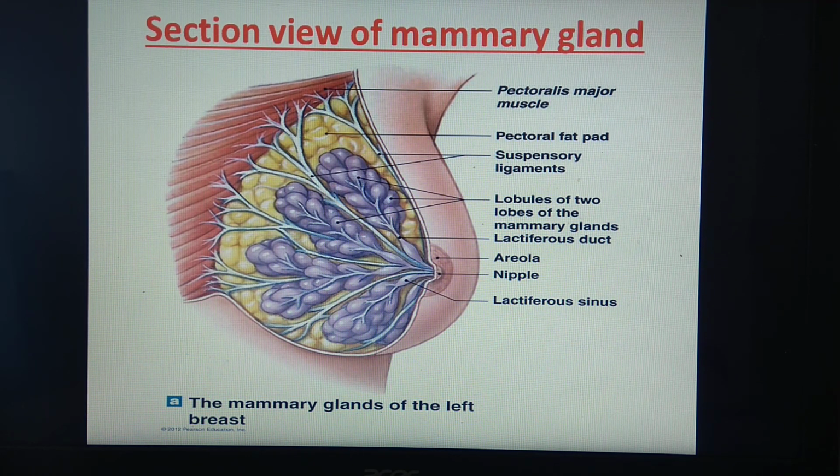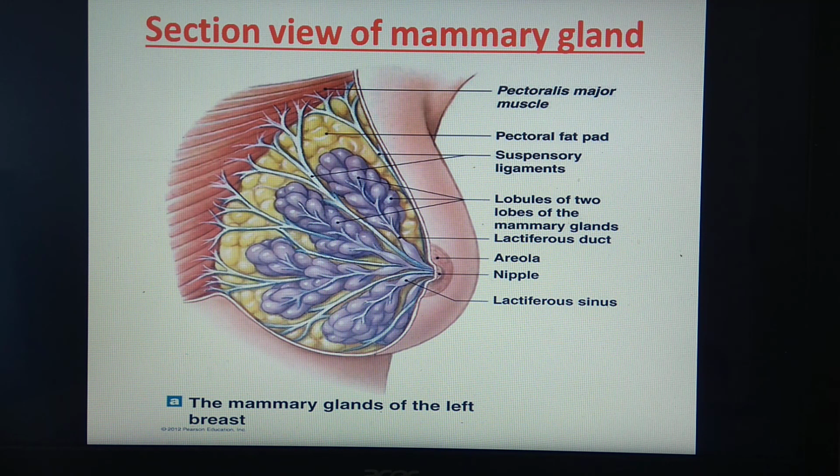These mammary glands are a pair of rounded structures present in the subcutaneous tissue of the anterior thorax in the pectoral region. What's the meaning of subcutaneous? Situated below the skin. So remember, the position can be asked for 1 mark. The exact position is between the 2nd to 6th rib.